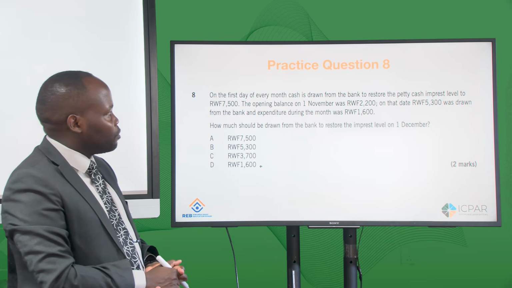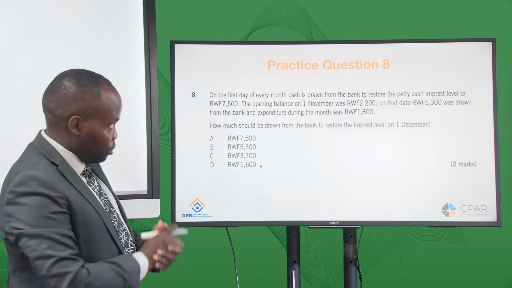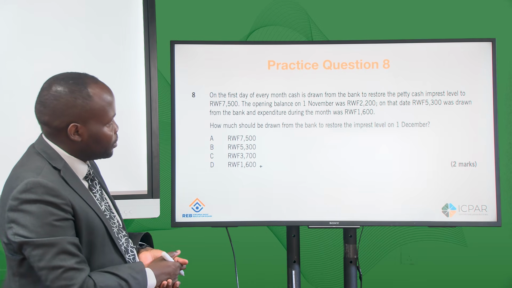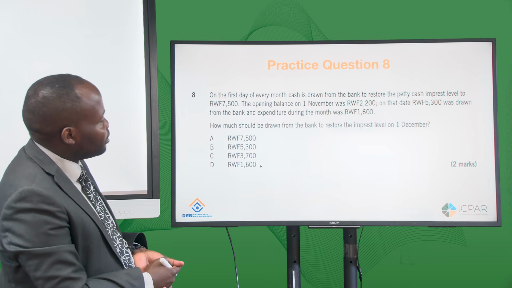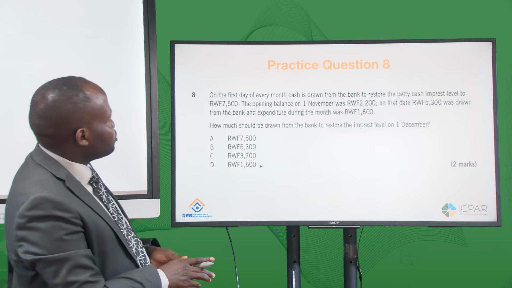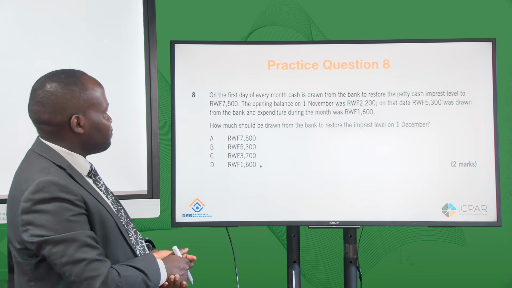The opening balance on 1st November was 2,200. On that date, 5,300 was drawn from the bank. So if you take these plus that, it should come to the amount of 7,500.